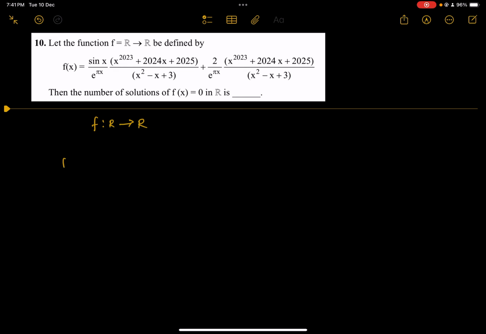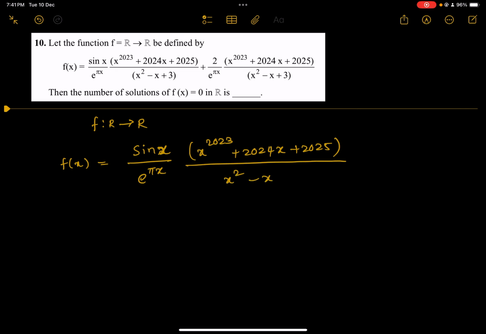So there is a function f which is given by f of x is sin x by e to the power pi x, x to the power 2023 plus 2024x plus 2025 by x square minus x plus 3 plus 2 power e to the power pi x and x power 2023 plus 2024x plus 2025 by x square minus x plus 3.